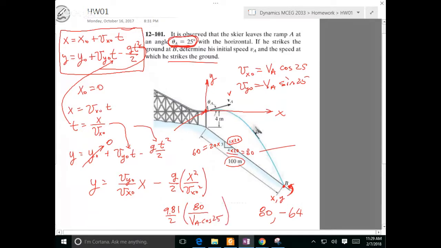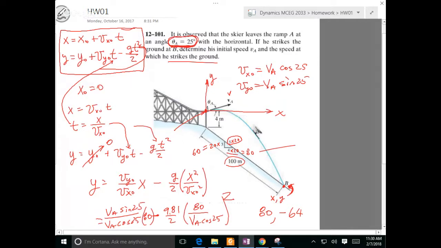So you know what I'm going to do? I'm going to move the square outside of here. And then you get, believe it or not, Vy naught, VA sine 25, over VA cosine 25. X was what again? 80.